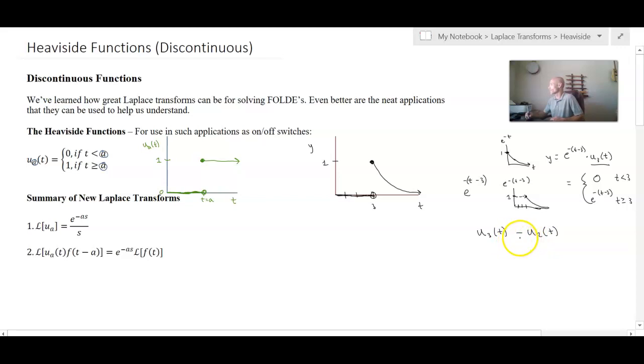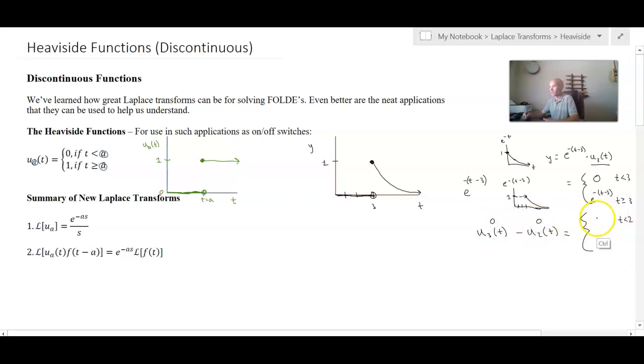something happens. And specifically, we know that before time 2, both of these are going to be 0 because for u3, nothing happens until time 3. That is, it's 0 until time 3. Before time 2, this is going to be 0.